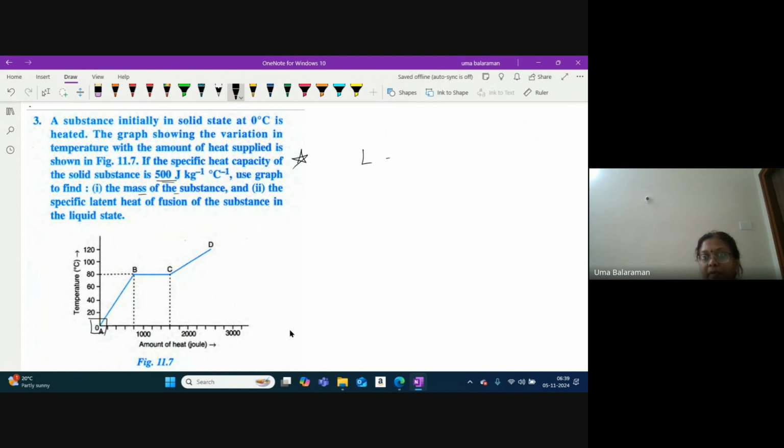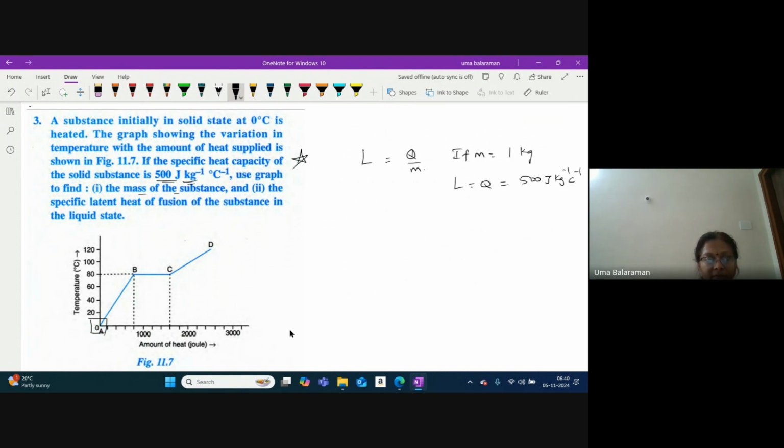So L is equal to Q by M. If M is equal to 1 unit, here we have kilogram, so let's keep it as 1 kilogram. Then L is equal to Q, which is 500 joules per kg per Celsius.